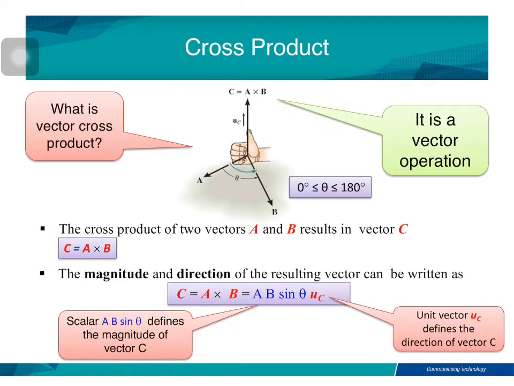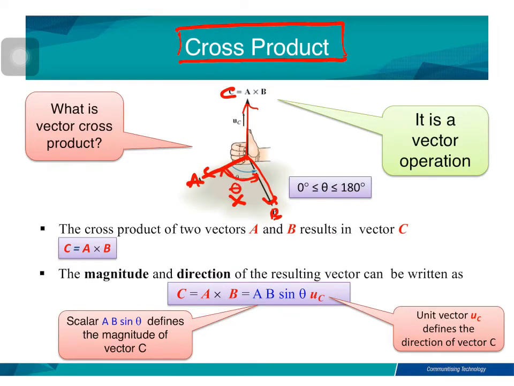Now, what is a vector cross product? Here you can see that the cross product of the vectors A and B gives us C. So this is A cross B, and we can get the C. What is the angle in between A and B here?